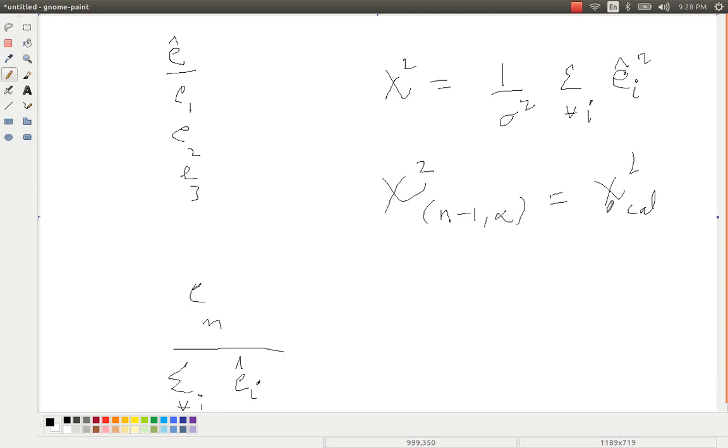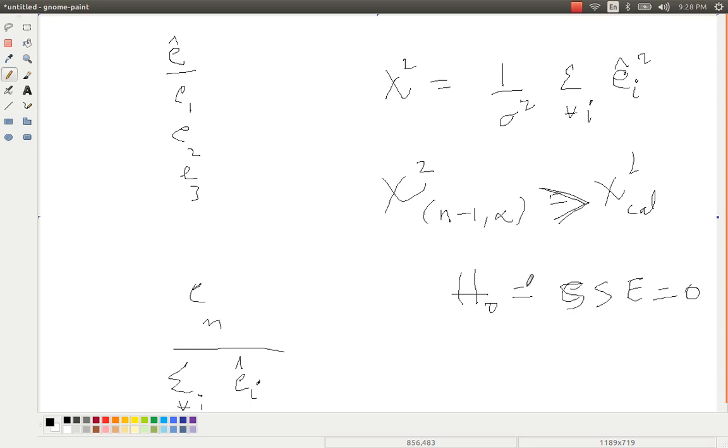If the calculated chi-square value is less than the critical value, then we will accept the null hypothesis that the sum of the squared errors, SSE, in the population is equal to 0.